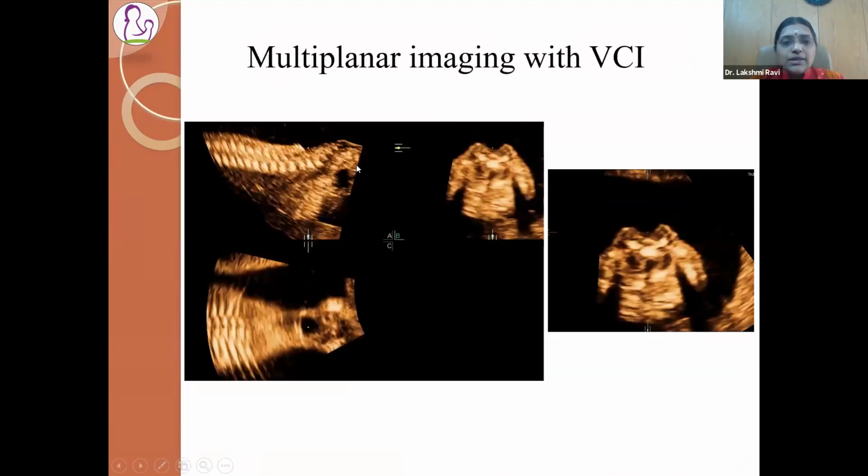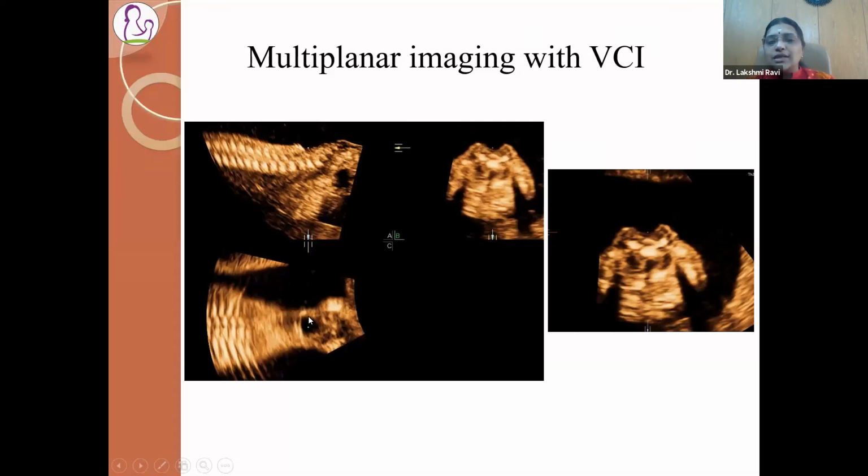So what I can do is simply acquire a volume and use BCI. The advantage of BCI is it adds slice thickness, and when it adds the slice thickness, see how nicely you can see the skin crater here. This is in the transverse section of the spine. You must see the spine, the skin should be intact, but you nicely see the crater here.